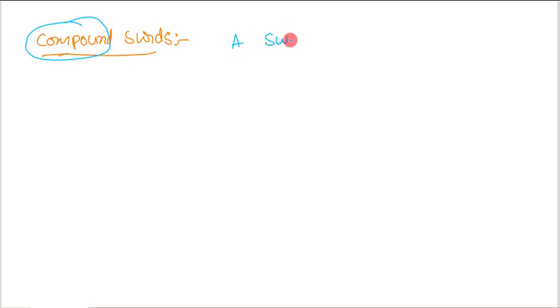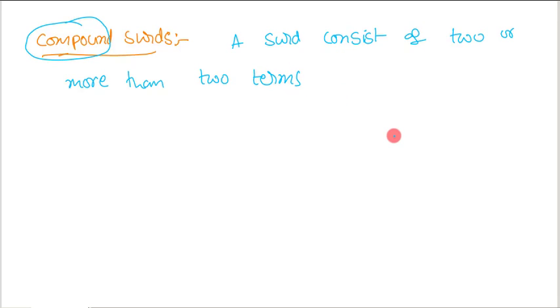Okay, let me read the definition. A surd which consists of 2 or more than 2 terms is called a compound surd.